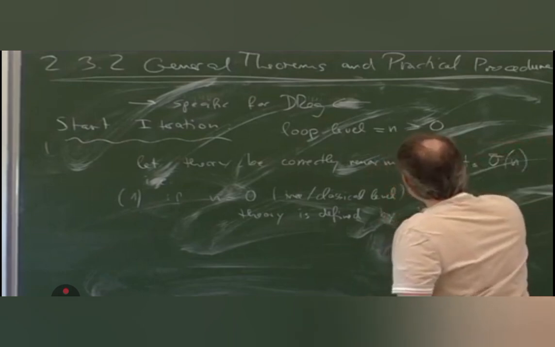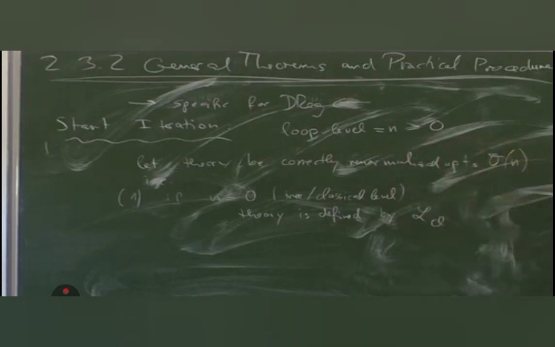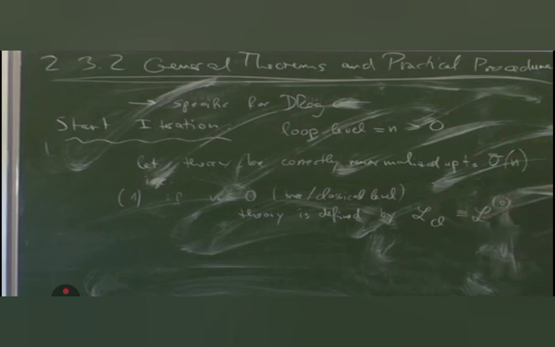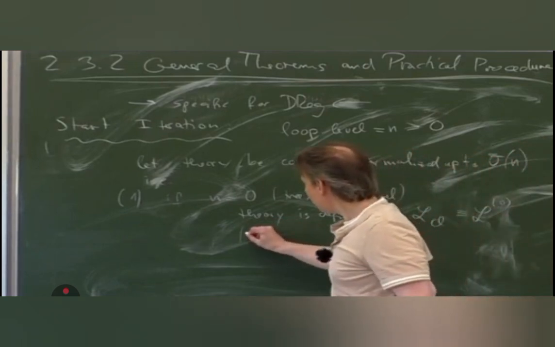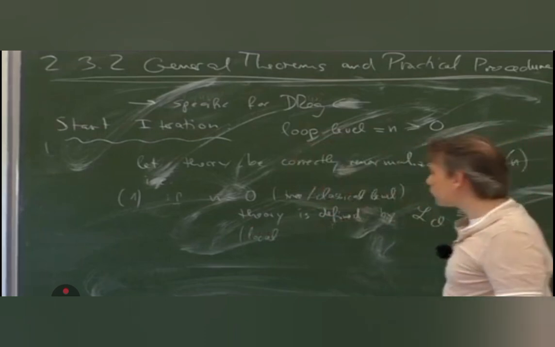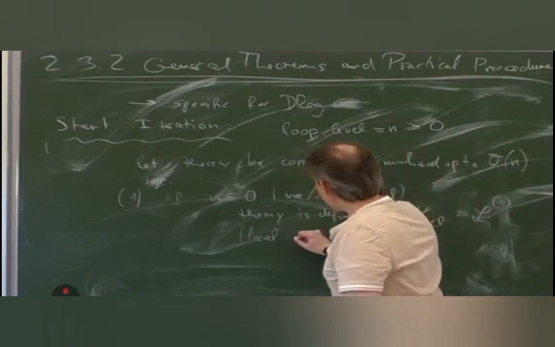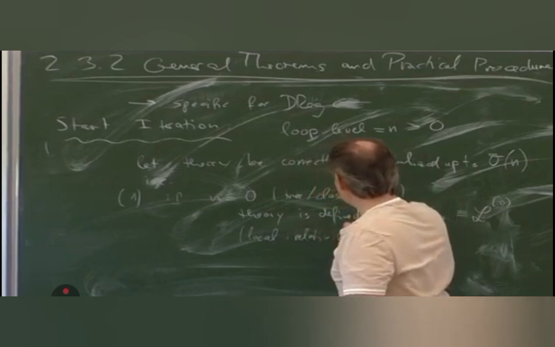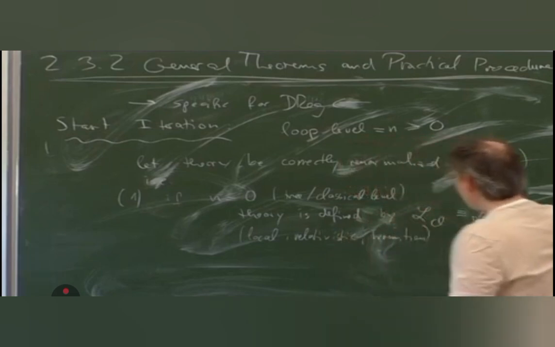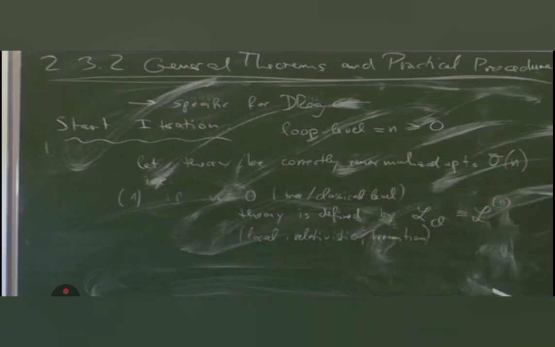To make it clear, I often have a subscript CL for classical. But in this context, I will also call it L with a superscript 0 in brackets, which is obviously the 0th order of our iteration. And this Lagrangian is a local Lagrangian, a local expression in terms of our fields and its derivatives. It is relativistic and also Hermitian. And it determines the Feynman rules.